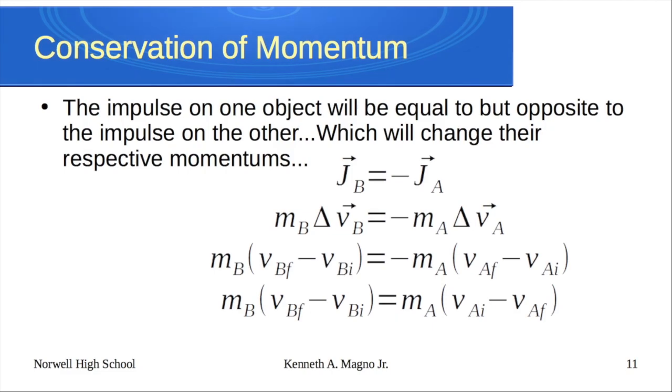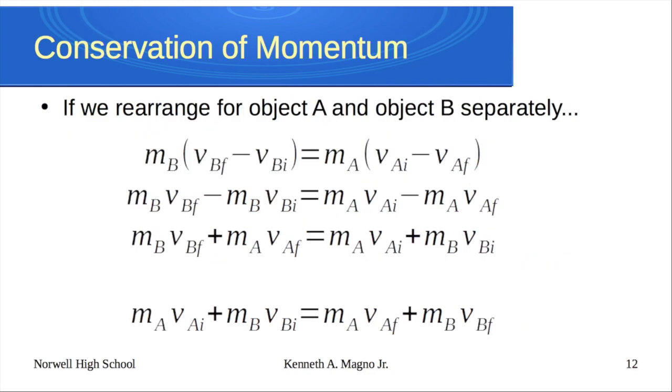Right now I'm just comparing object A and object B. What if I'd rather talk about initial state and final state, like we did with conservation of energy? To do that, I have to distribute the masses in. Then, once I've distributed the masses in, I bring everything about the final state to one side and the initial state to the other side.